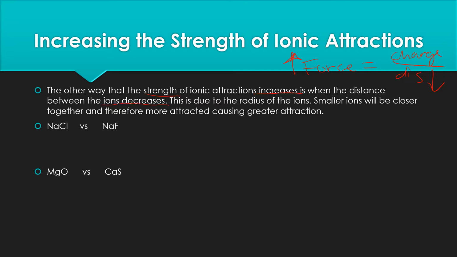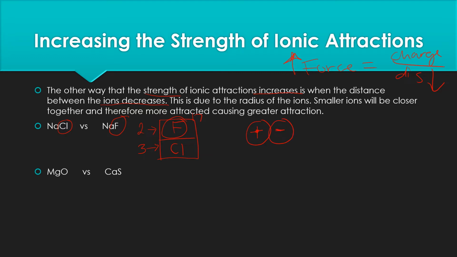So let's take a look at these. Sodium is the same in both of them in our first example here, but the chlorine and fluorine are different. So we would want to compare the location of chlorine and fluorine on our periodic table. They are in group 17, and they're in different periods of that group. So fluorine is in the second period and chlorine is in the third. So with fluorine being only in the second period, it's going to have a smaller radius, and therefore the distance between the positive sodium and the negative fluorine is going to be smaller.